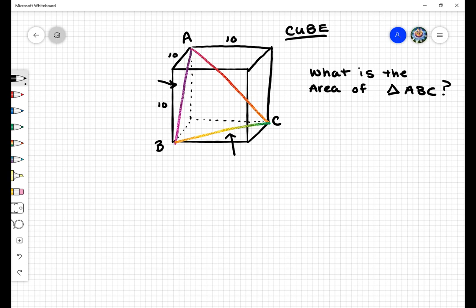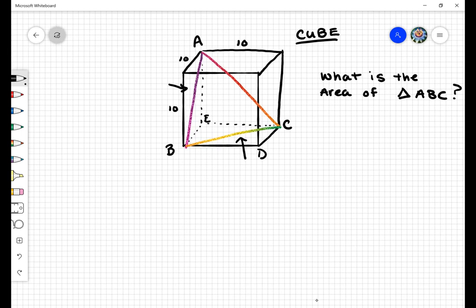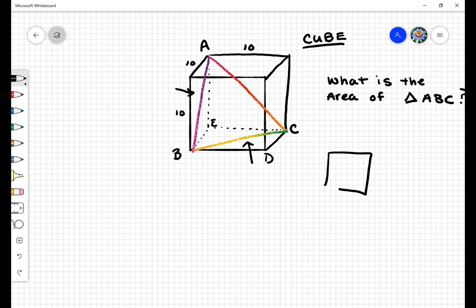Because if we look at just the face, we'll call this D and E, of BECD, it's a square that's 10 by 10, and the part of the triangle seems to be going directly across the center of it. So we can use Pythagorean theorem, a squared plus b squared equals c squared, where c is the hypotenuse.